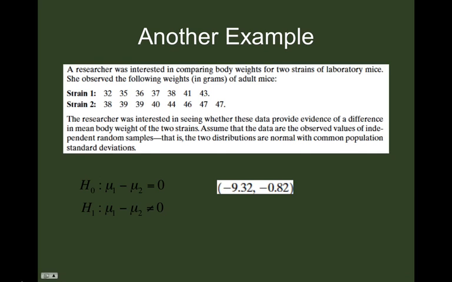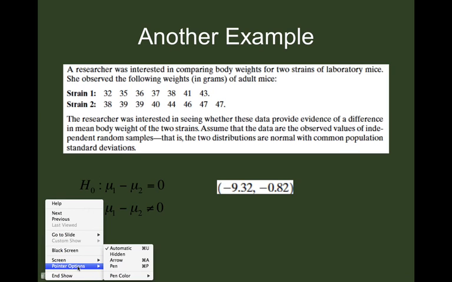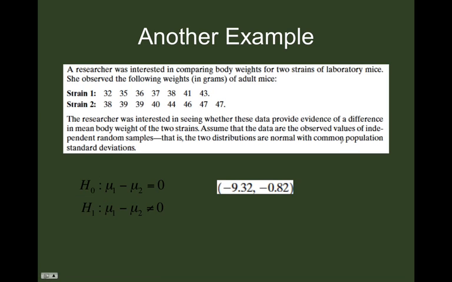And notice this time, 0 is not on the interval. So 0 is not one of the estimated differences.